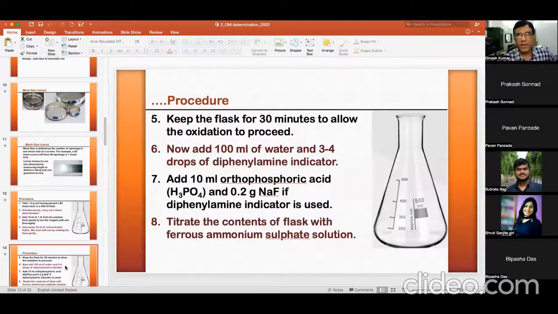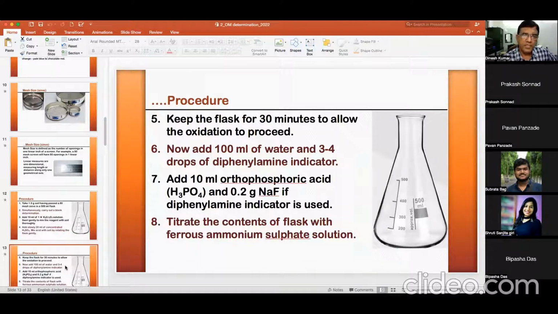That means a 30 minute waiting period, and then you can go for titration. Some of the potassium dichromate will be used in oxidizing the organic matter. However, out of 10 ml, some may not be used.